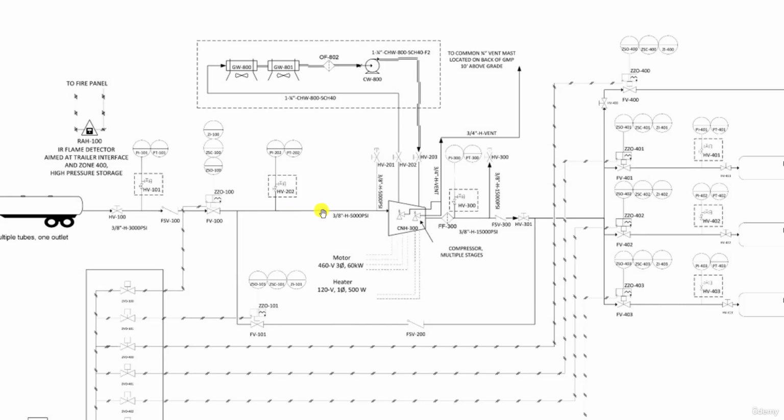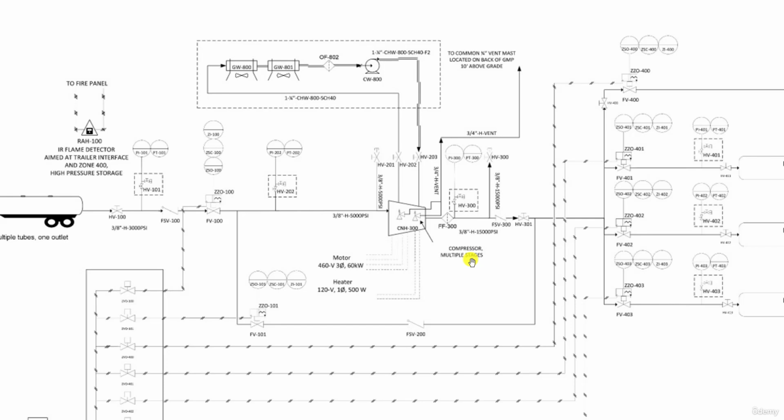Next, on the process flow path, you have a compressor tagged CNH300. This is a multi-stage compressor as indicated here. The P&ID does not tell you the type of compressor involved in this process, but an educated guess, based on my industrial experience, is that this is a reciprocating compressor.